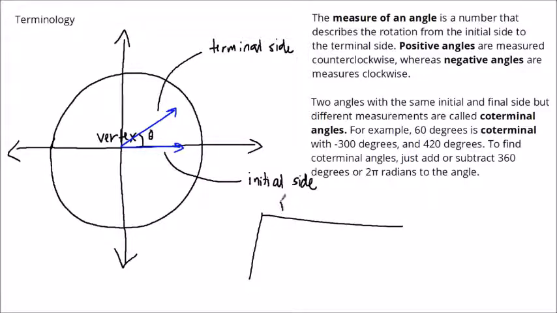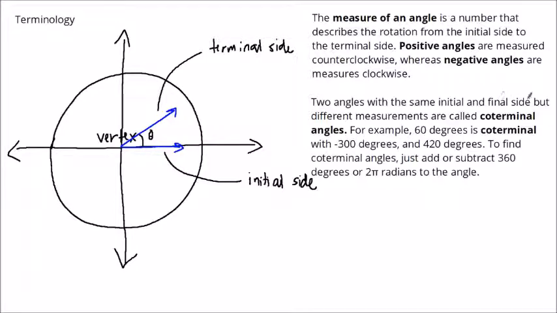So whatever comes first when you go counterclockwise is the initial side, right? And this only applies for the situation we're in right now. When the initial side overlaps with the terminal side, the amount of turn is the angle. Positive angles are measured counterclockwise, and negative angles are measured clockwise. So if you go clockwise ever, it will be negative.